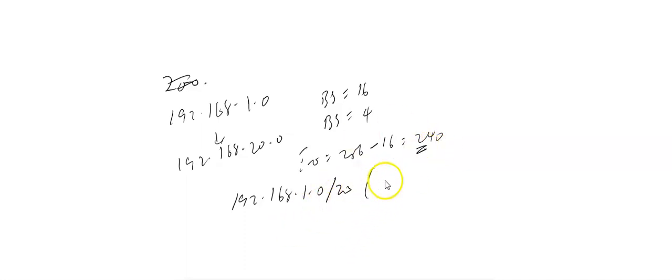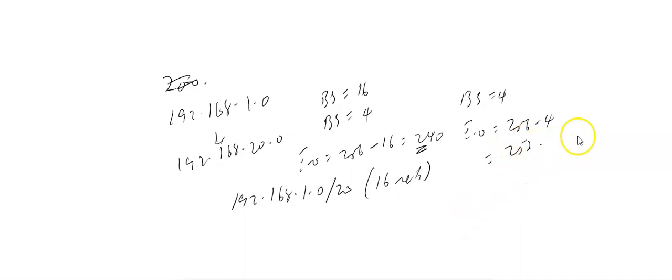So this one captures the first 16 network addresses. Now using BS equals 4, IO will be 256 minus 4. That gives us 252. Don't forget, 252 is how many bits? 6 bits.